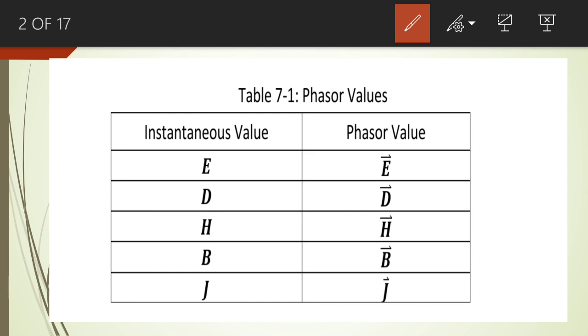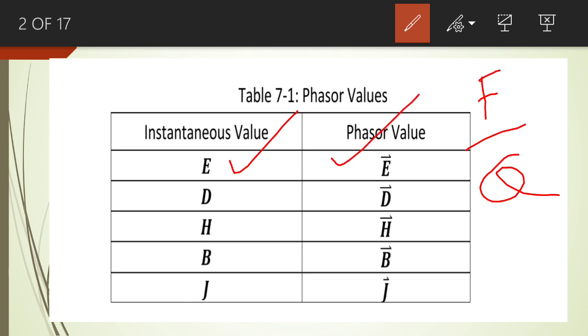So here is the instantaneous value of the electric field intensity, and we know that force per unit charge is known as electric field intensity. The unit of the electric field intensity is volt per meter.